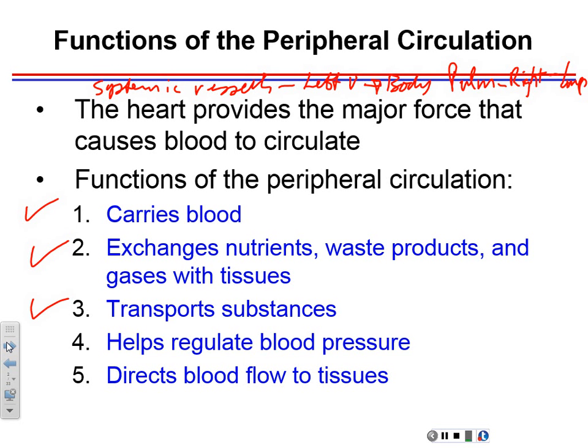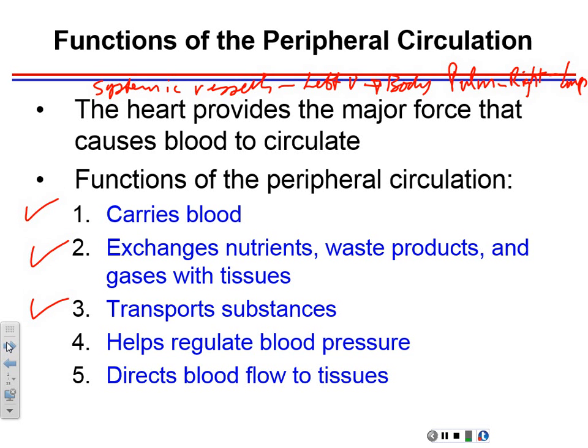You transport substances. What are some of the substances that are transported in the blood? Yeah, oxygen. We kind of covered that already, but we're talking of other things now. But yeah, oxygen definitely. What are some of the other things that are transported in blood? We've covered nutrients already, and then gases. What else?